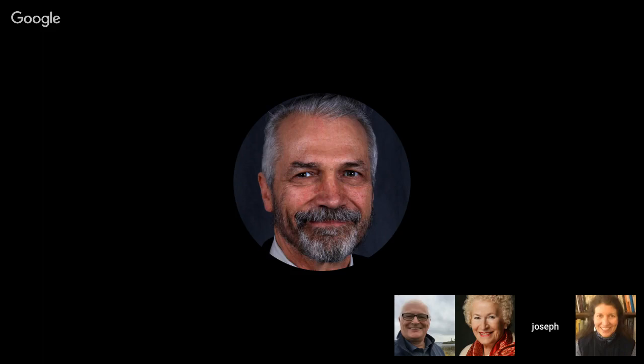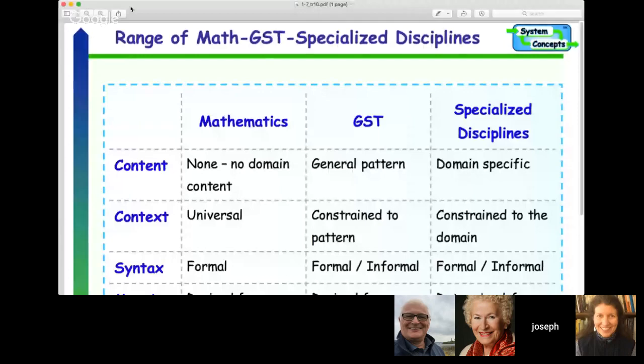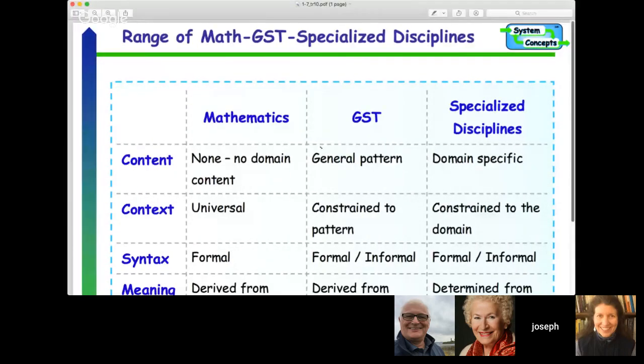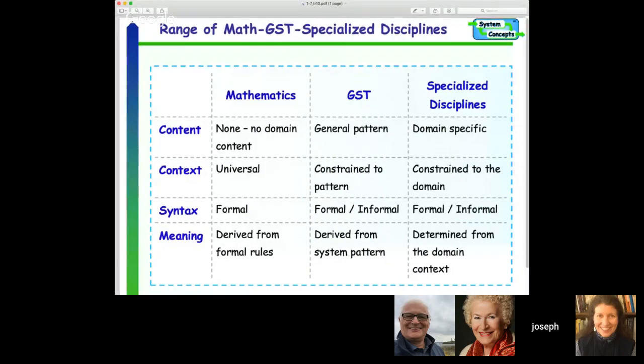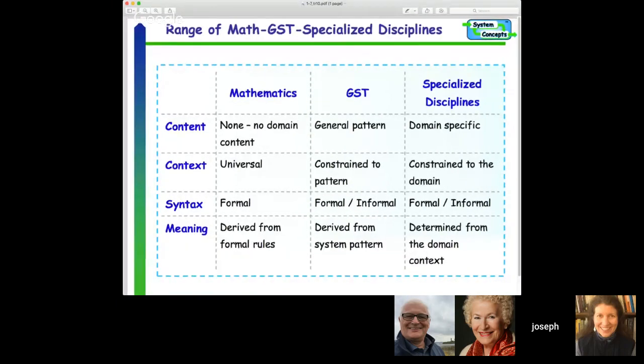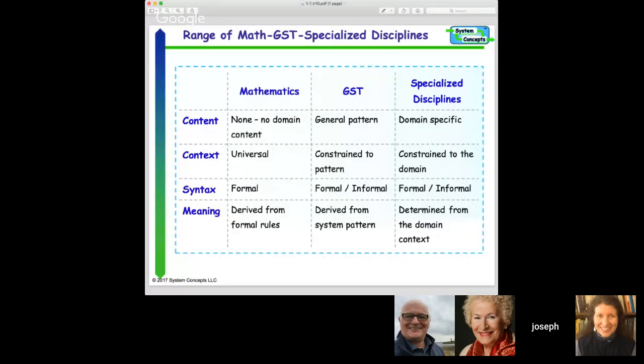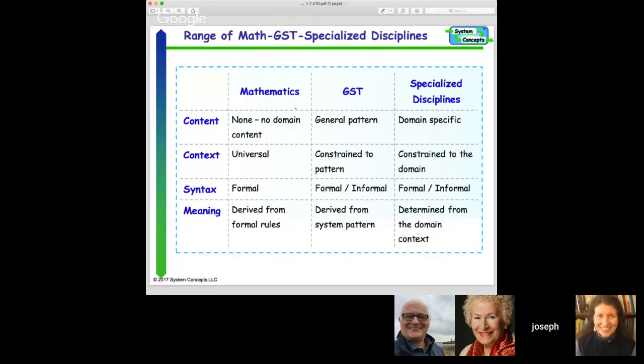We're trying, in this particular case, to place general systems theory between mathematics and a specialized discipline. Did people recognize that as a definition of general systems theory?